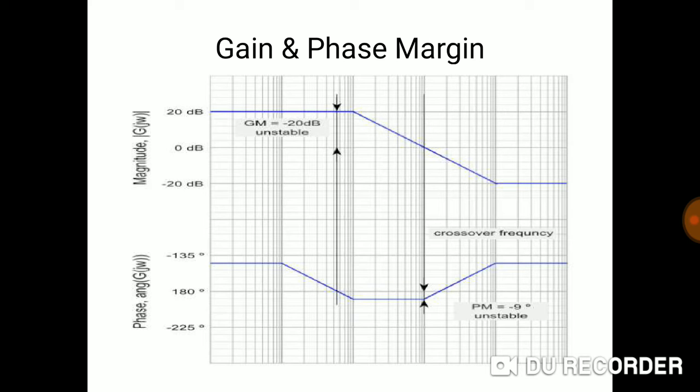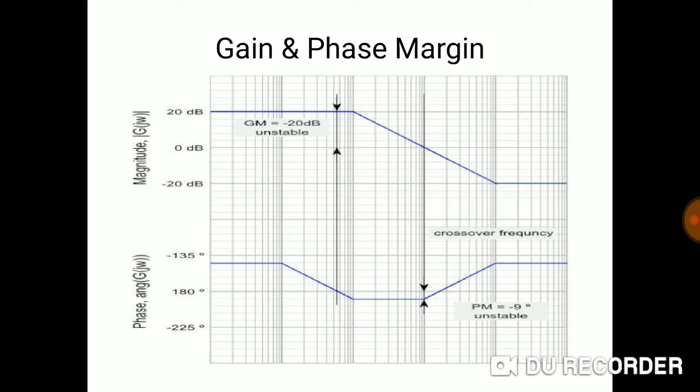Then we'll go for the phase angle. Here the phase plot is shown by the blue line. How to find out the phase margin? You have to draw another vertical line wherever the blue magnitude line crosses 0 dB.